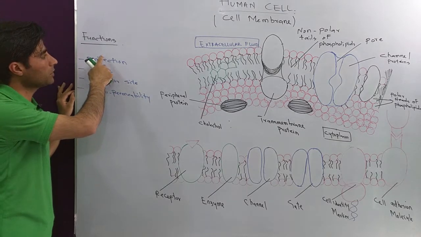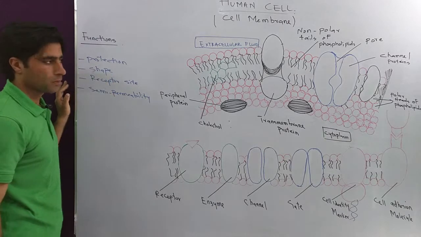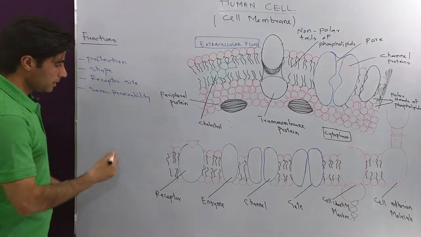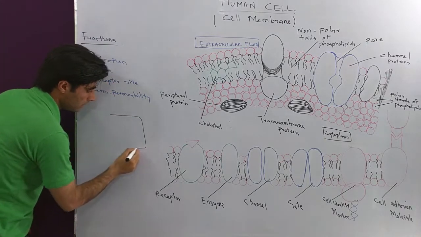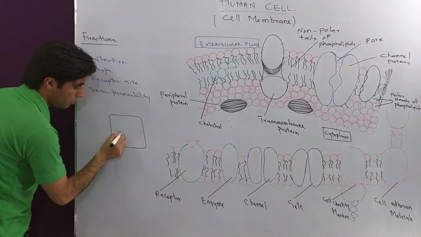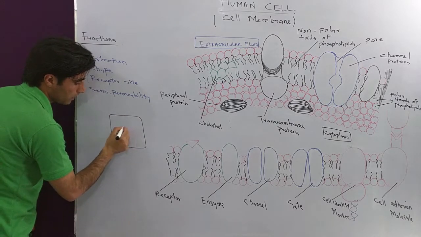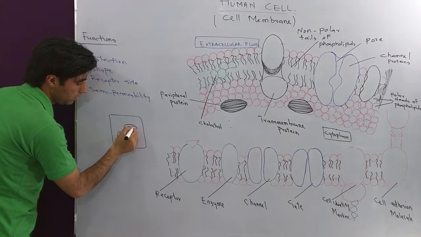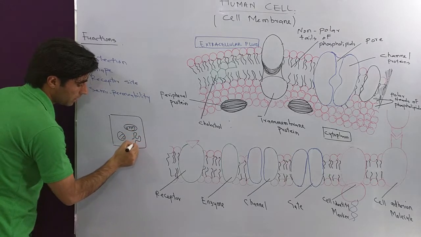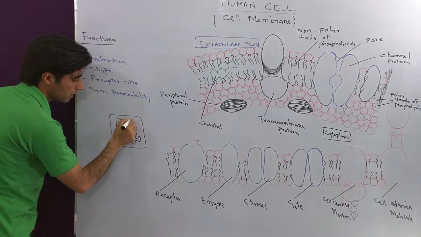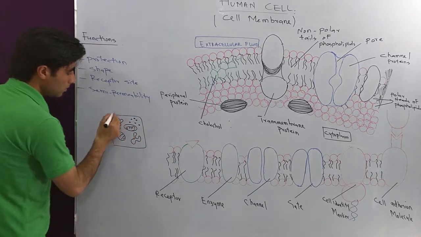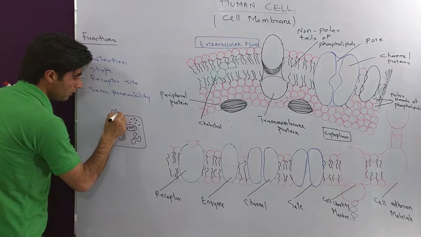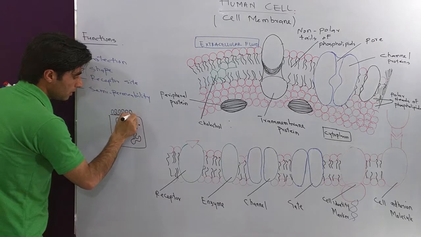The first function of the cell membrane is protection. For example, if there is any cell, one of the cells of our body, with a nucleus, and here for example a mitochondrion, endoplasmic reticulum, Golgi bodies, ribosomes, and so on. Now the point is that above this cell there will be a membrane.